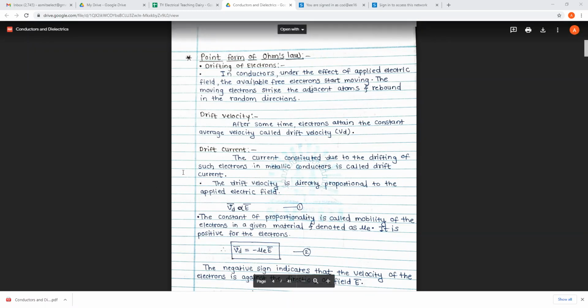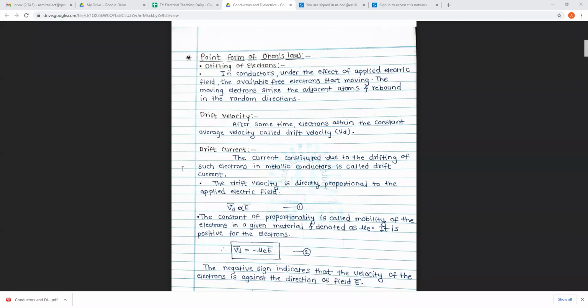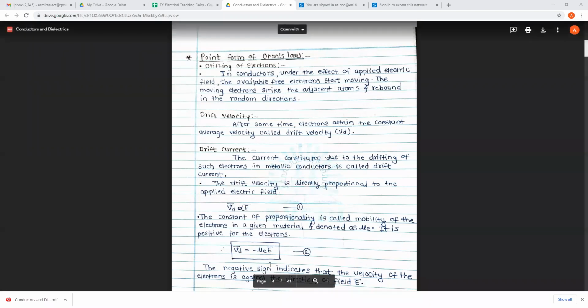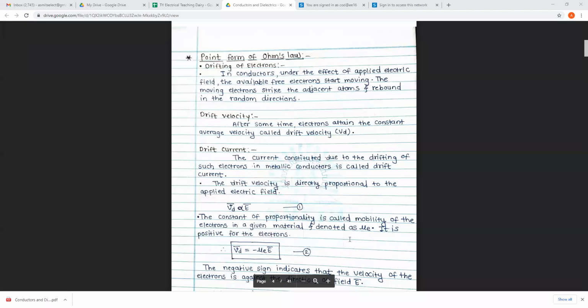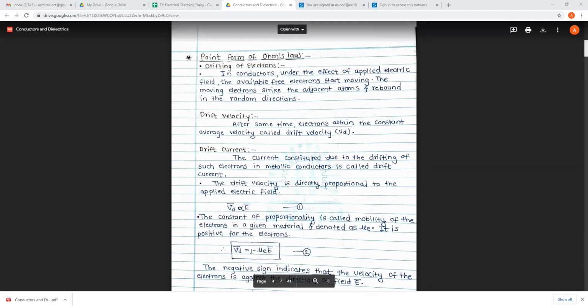Actually, in our magnetostatic fields, we have seen this mu is the permeability, but here it is mu e, which means the mobility of the electrons. So this v bar d is equal to minus mu e into E bar.